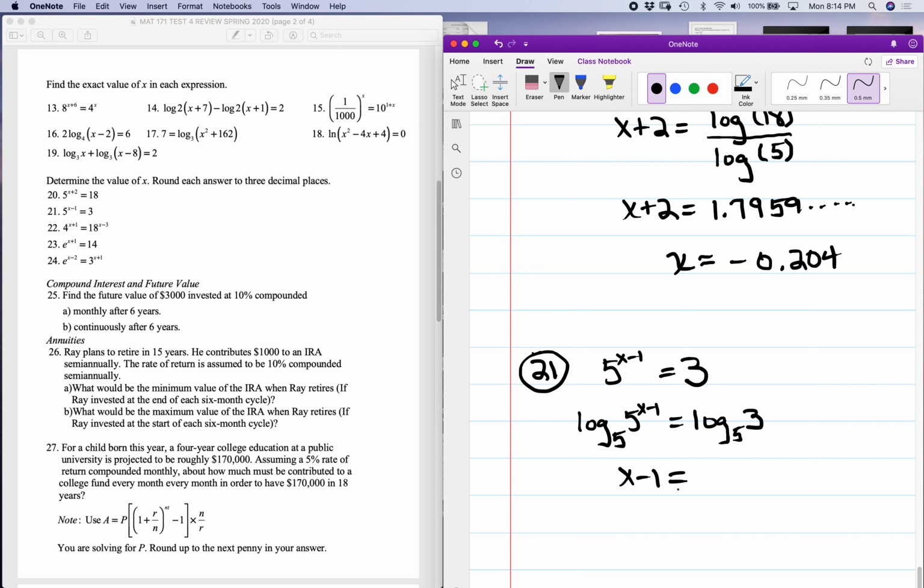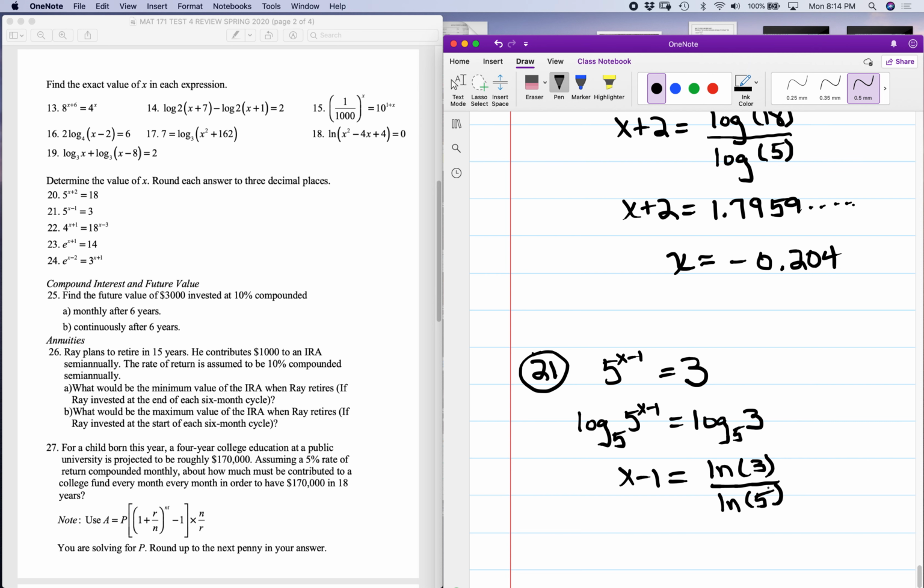And for the base 5 logarithm of 3, I can once again use base 10 logarithms, but I'm just going to use natural logs this time around. So we have that x minus 1 is equal to the natural logarithm of 3 all over the natural logarithm of 5.